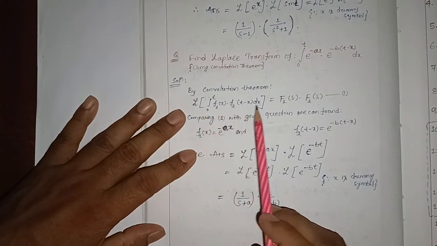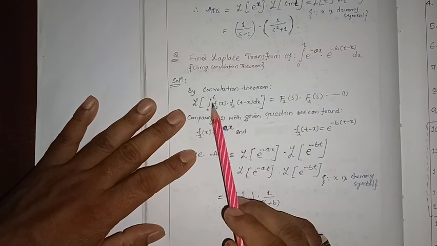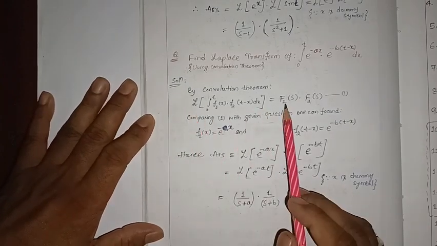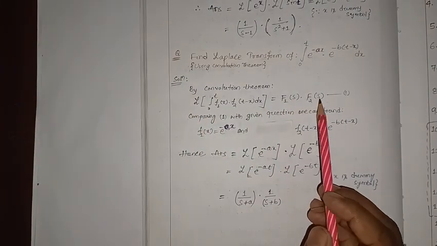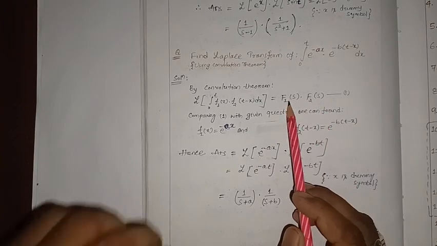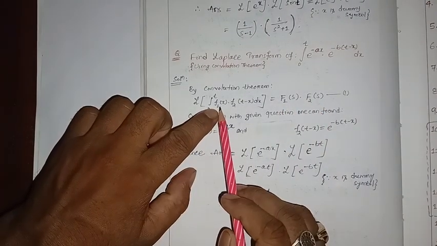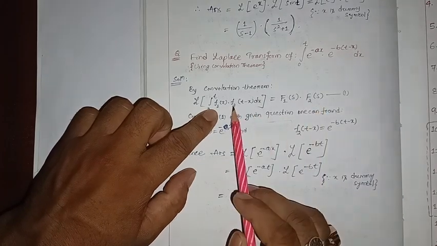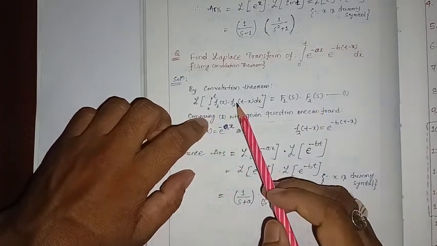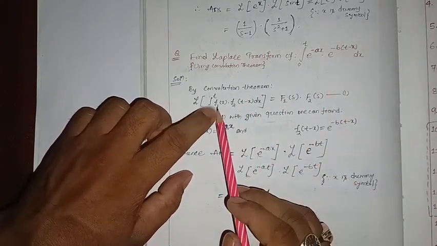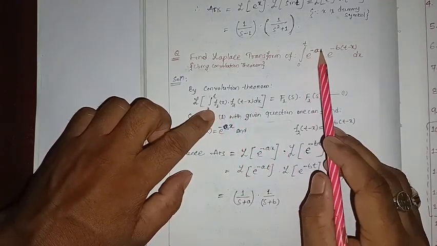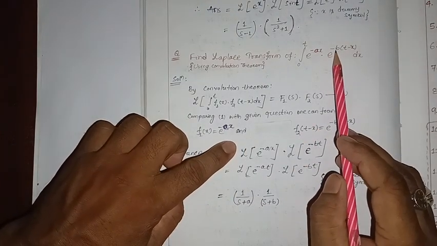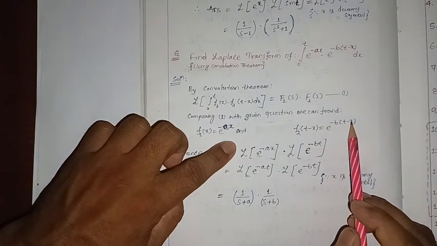Comparing with the theorem, the Laplace transform of the integral from 0 to t of f1(x) f2(t minus x) dx is capital F1(s) into capital F2(s). Here F1(s) is the Laplace transform of small f1(x), but F2(s) is the Laplace transform of f2(t). Comparing with the question, f1(x) equals e^(-ax) and f2(t minus x) equals e^(-b(t minus x)).